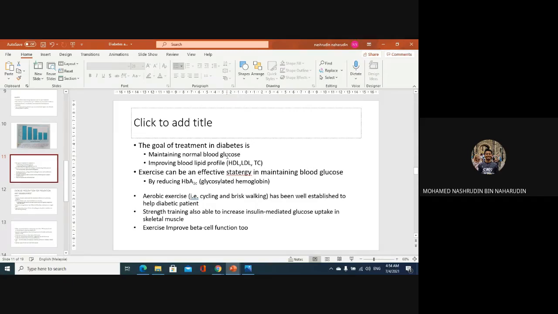I mentioned the type 2 diabetes is very much associated with the prevalence of cardiovascular heart disease, and the cardiovascular heart disease risk factor is the lipid profile itself: high density lipoprotein, low density lipoprotein, and total cholesterol.